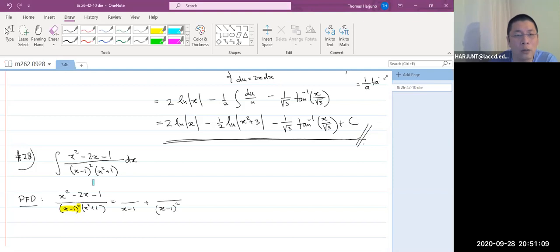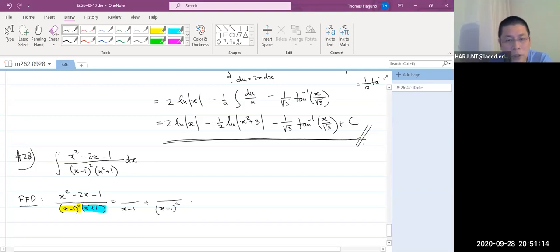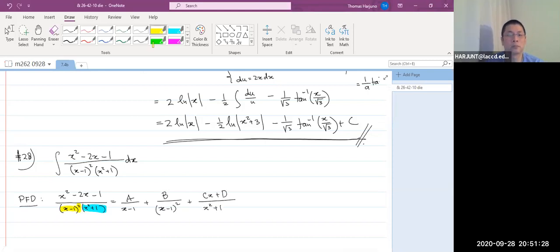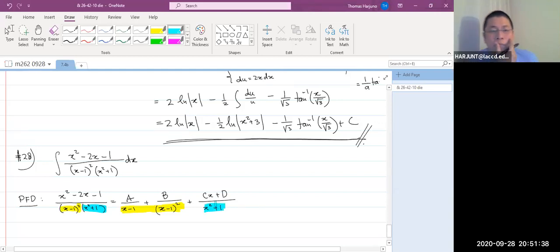Okay, while for the irreducible part, there's no repetition, so I just need one of them. But on the top, the degree will be 1 less than. I hope you copy that down.